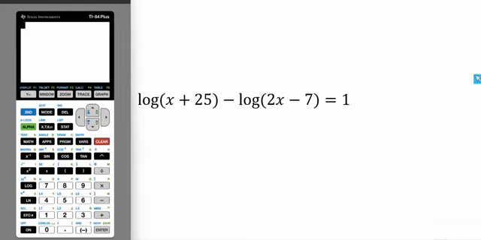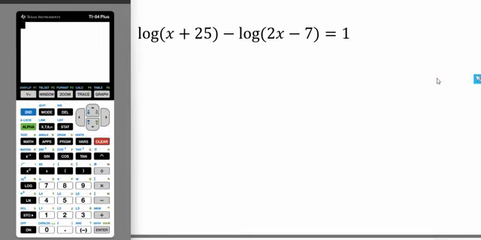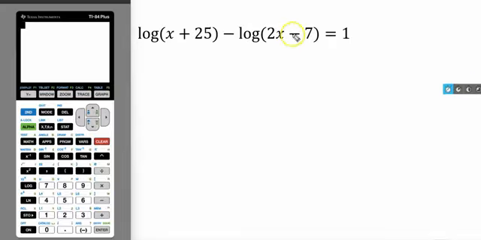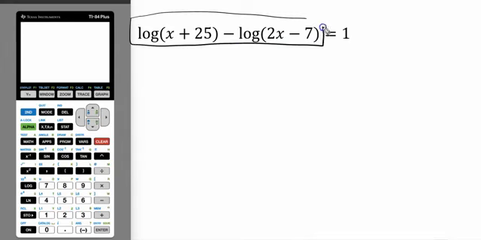Again, if I'm going to solve this by converting it into exponential form, then I need to have a single logarithm on the left-hand side. And so I'm going to need to use a logarithm property, and the property I'm going to use now is the quotient rule.